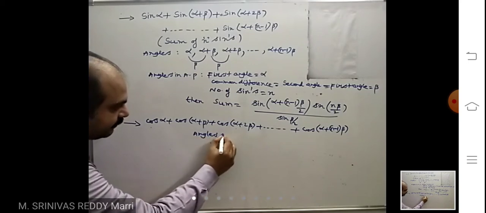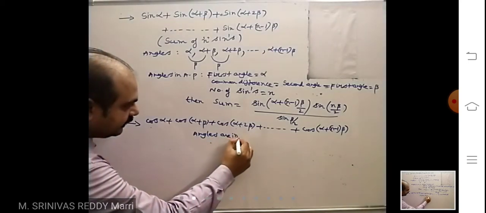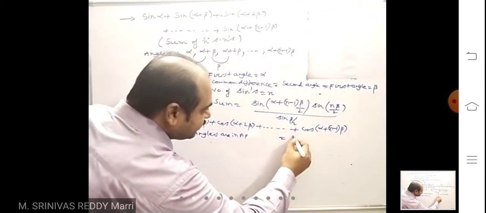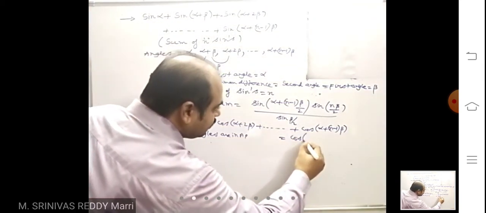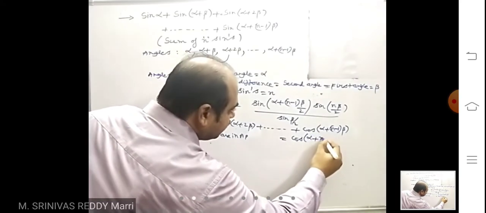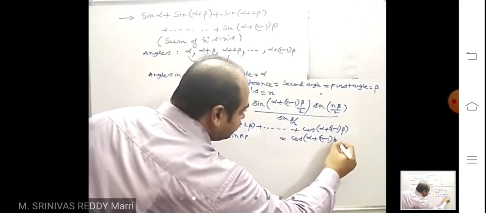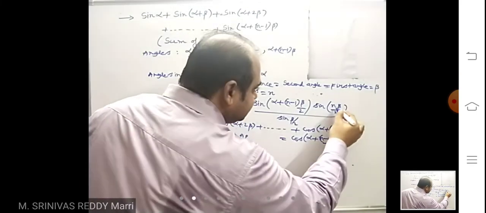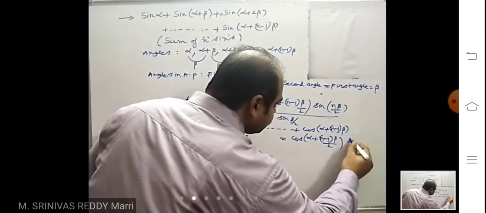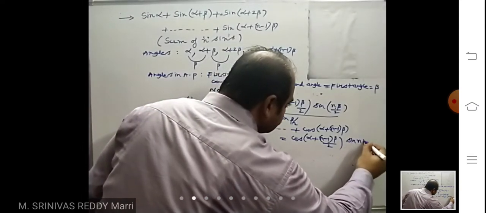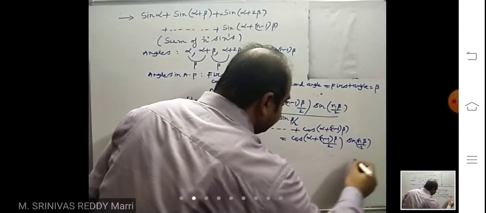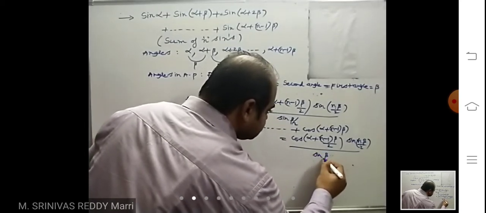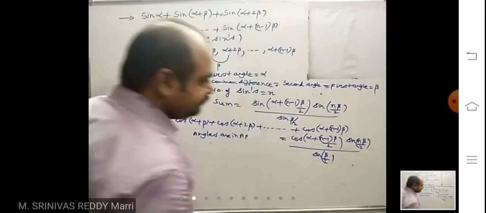The angles are in AP. So this sum formula is cos of alpha plus n minus 1 into beta by 2, and the rest is the same: sin n beta by 2 divided by sin beta by 2.